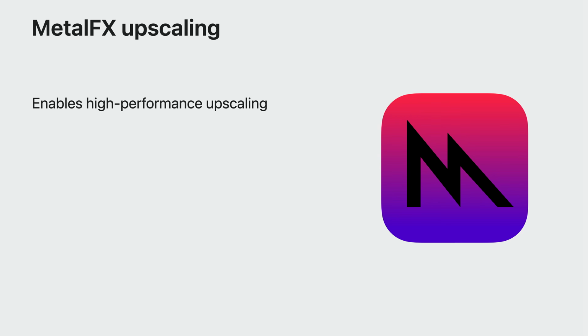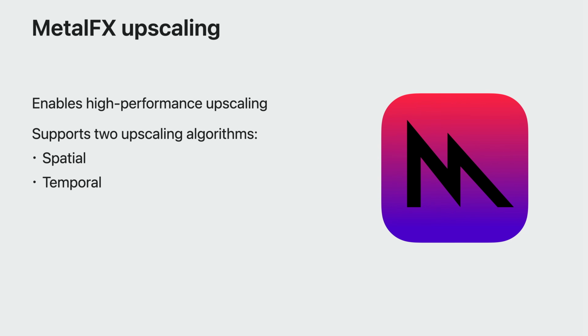MetalFX was introduced last year for the Mac and it offers high-performance upscaling. MetalFX supports two upscaling algorithms, Spatial for the best performance and Temporal for quality approaching native rendering on the output resolution. Integrating MetalFX in the engine will improve the player's experience by rendering in higher resolutions with better performance.